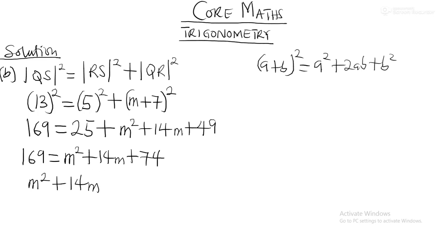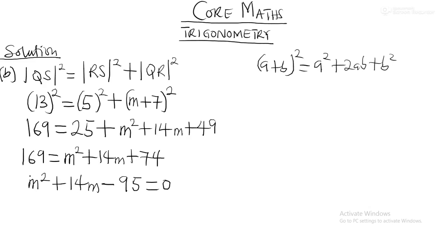So we are going to have negative 169 plus 74, and that will give us negative 95. So minus 95 equals 0. Okay. So now we have our quadratic equation. So we'll solve this one using the method of factorization.